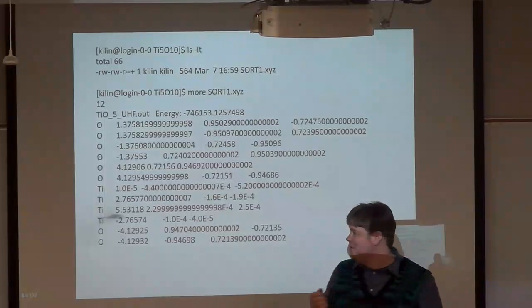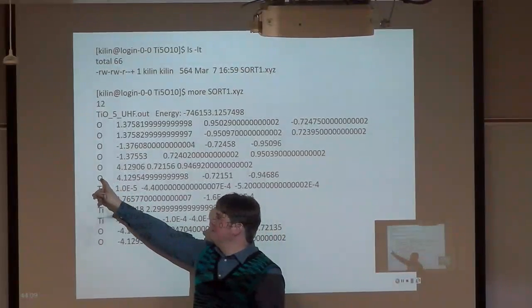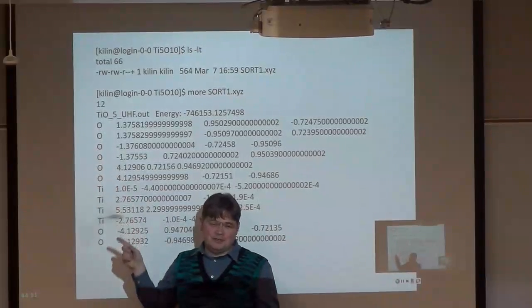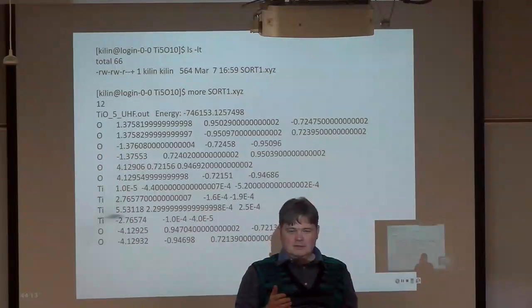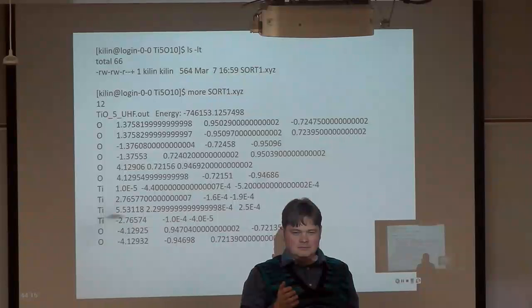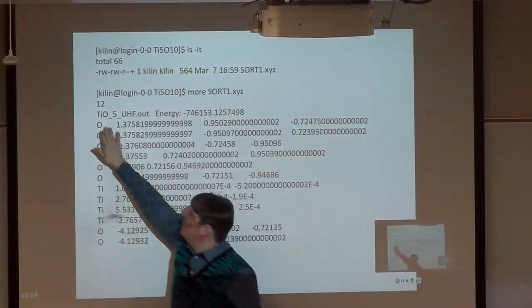So you do not need to waste time on giving the name of elements if they are repeating. You just need to tell if there are 12 atoms, let's agree that the first 8 of them will all be oxygens, the last 4 of them will be titanium, and then we remove this column.